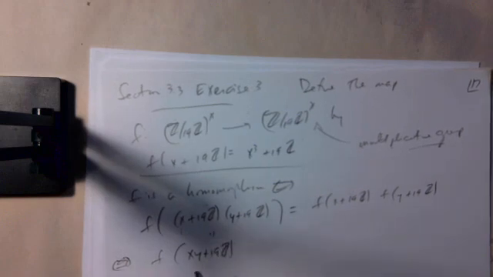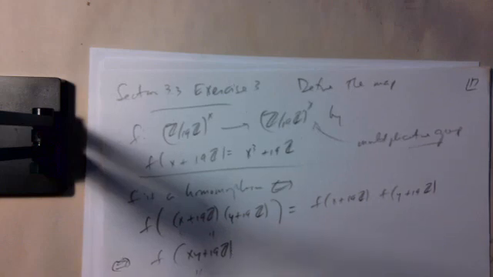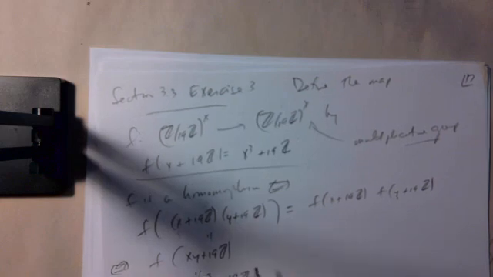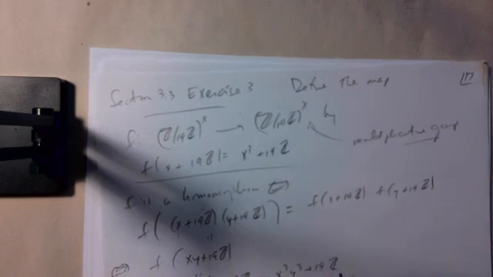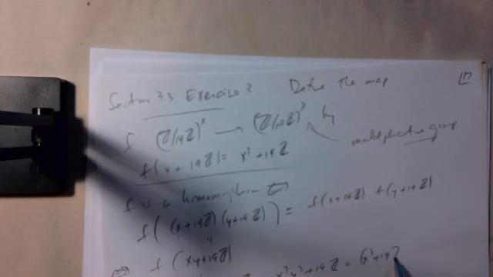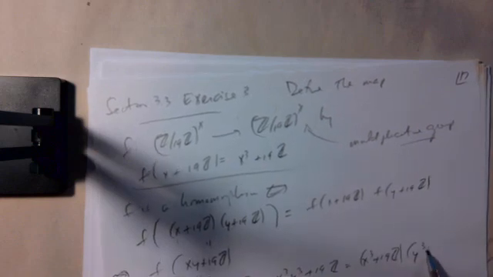So this is equal to xy cubed plus 19z, which is x cubed y cubed plus 19z, which is the product of x cubed plus 19z times y cubed plus 19z.